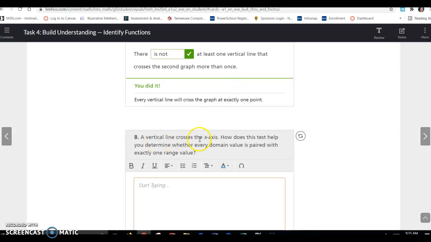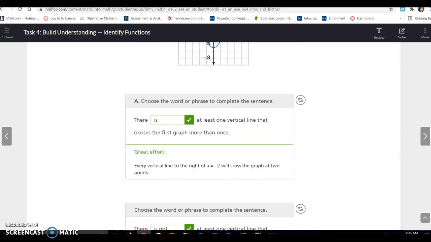All right, a vertical line crosses the x-axis. How does this test help you determine whether every domain value is paired with exactly one range value? All right, so the best answer for this is because it only passes one ordered pair at a time, that means it's only going to have one in x. Each x will be unique.